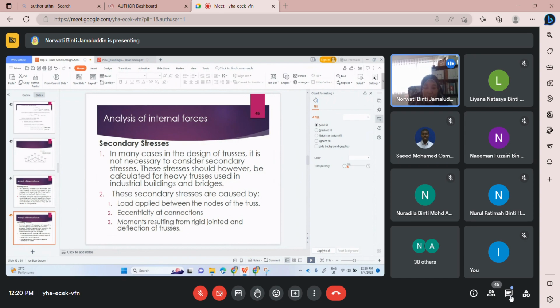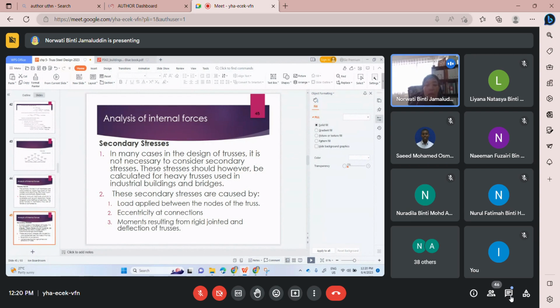But for domestic buildings, it's not necessary, because the secondary stresses are small. But it is significant to be considered for industrial buildings and bridges. Do not ignore.